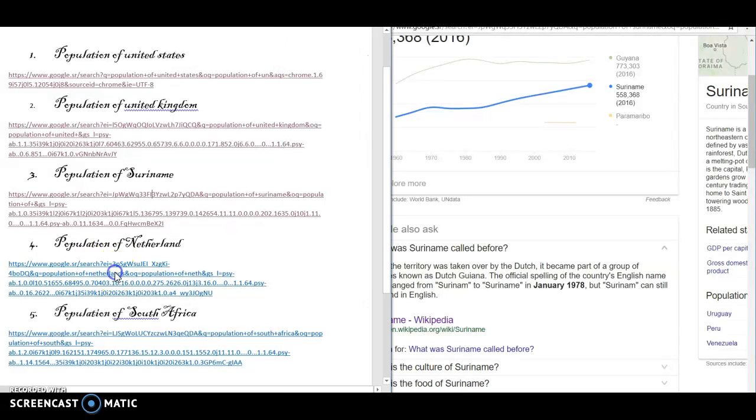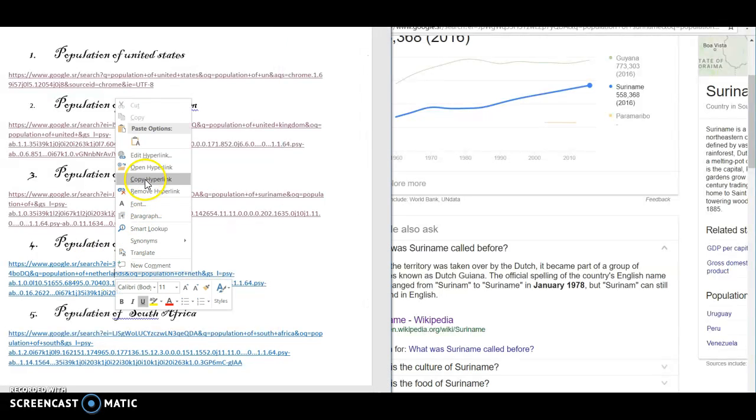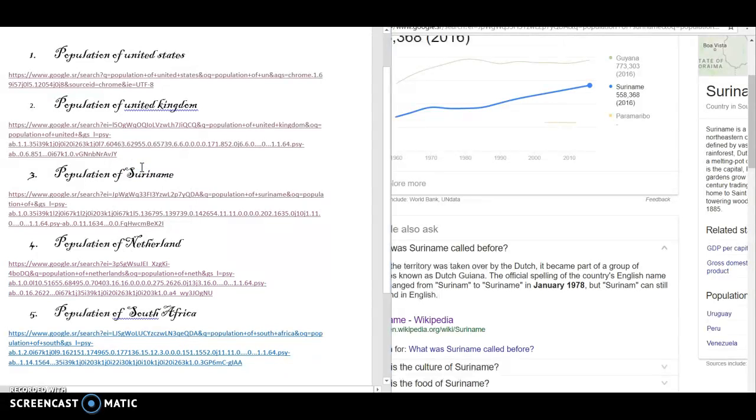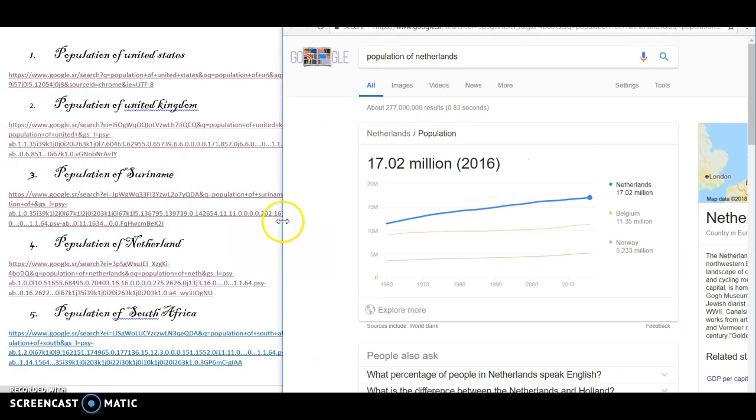And here we have the Netherlands. We will look at the population link. Here you can see 7.02 million. You can move those lines and see the growth of the population here. It grew.